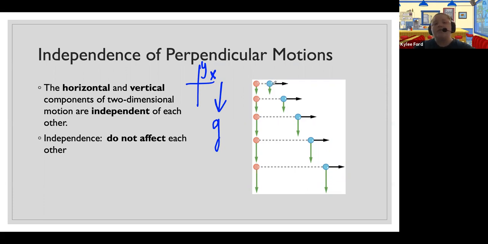Now, if I'm throwing this blue ball in the x direction initially, it's still going to be experiencing some kind of motion in that y direction due to gravity on Earth. So these motions are completely separate. They're independent of each other. Remember in free fall, we start here, and it'll just fall down like that.